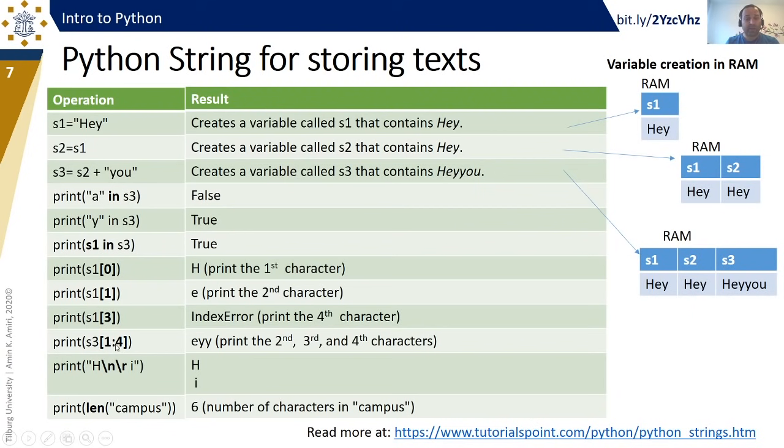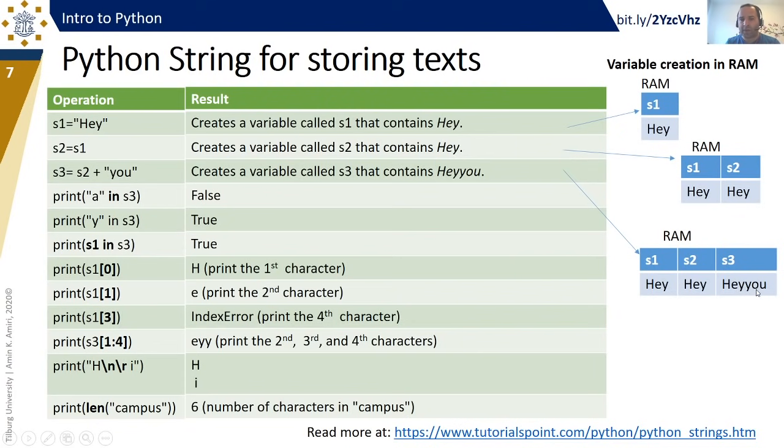Print, and you can use colon to return a substring of a string. So here you see that I want from the first character up to the fourth character. So in hey U, 0, 1, okay, I need to start from this E, 2, 3, and 4.